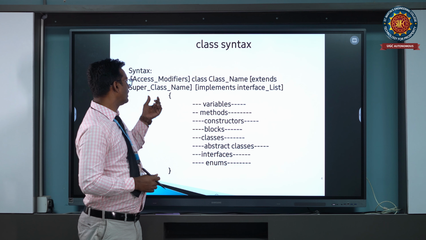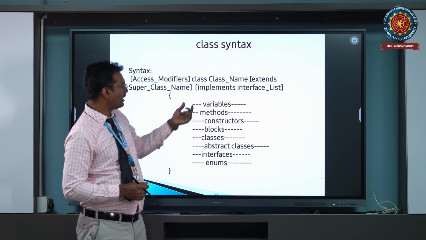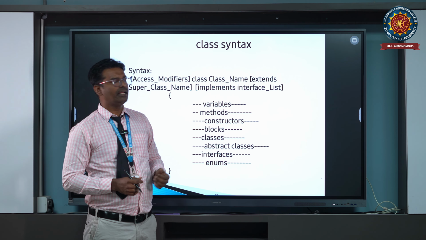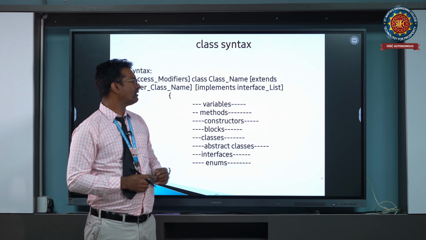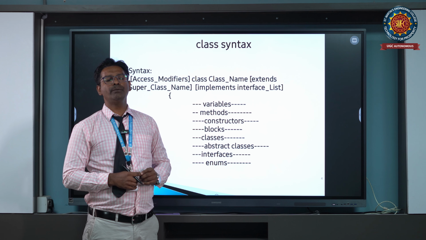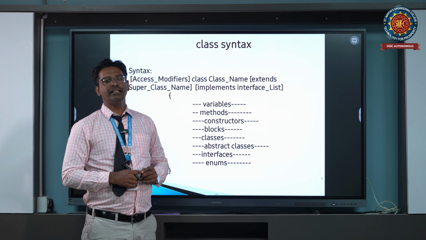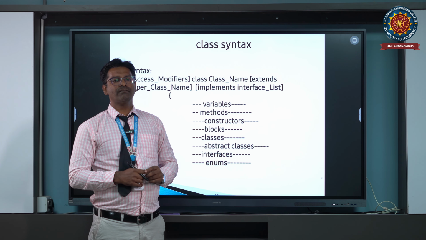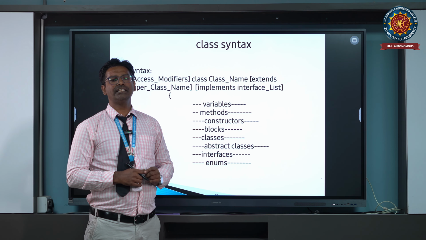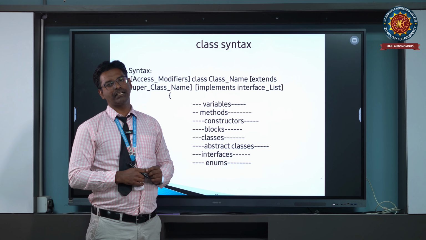Then there is one more thing we are going to add, that is called implements. Implements is also a keyword in Java. The implements keyword is used for implementing interfaces. There are three containers in Java: one is the class container, another one is the interface container, another one is the abstract container.